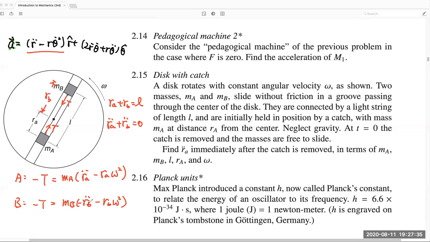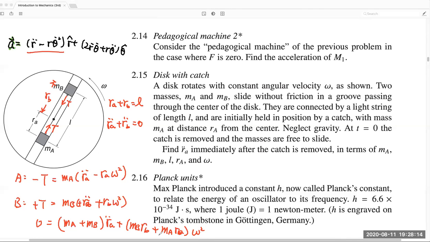If you put a positive sign on the whole equation, then you can add these two equations together. So then the answer looks like this one.